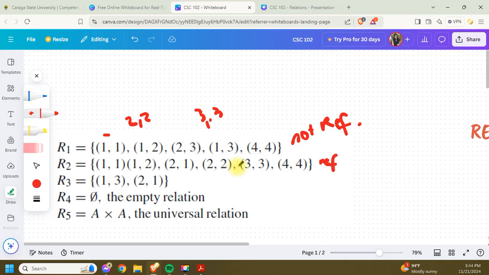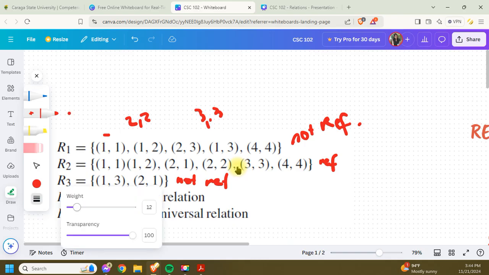Since there is no other element here besides 1, 2, 3, 4, and all of those numbers have a relation to themselves, we can say that this is reflexive. This one is not reflexive, obviously, no? Again, there should be 1, 1 and 2, 2.